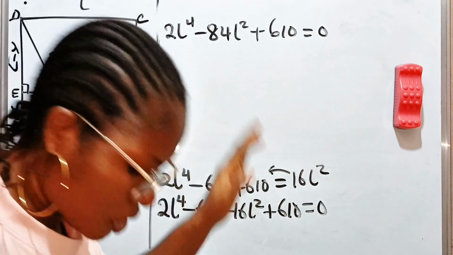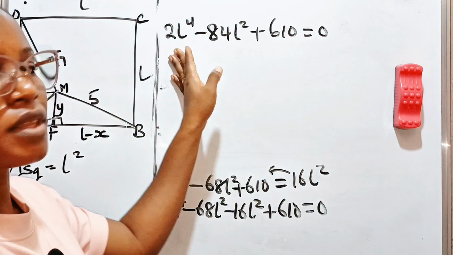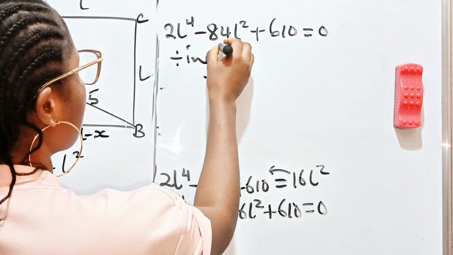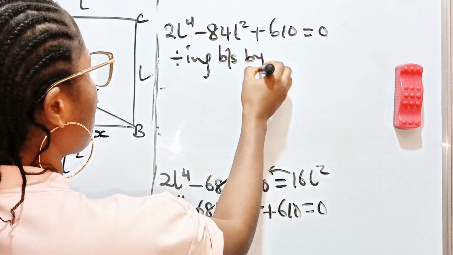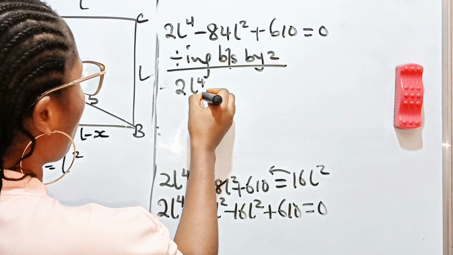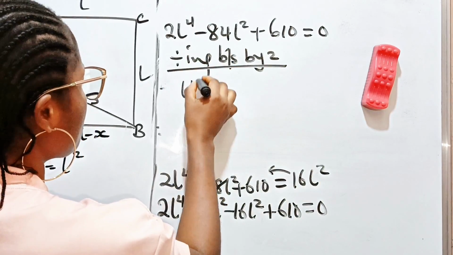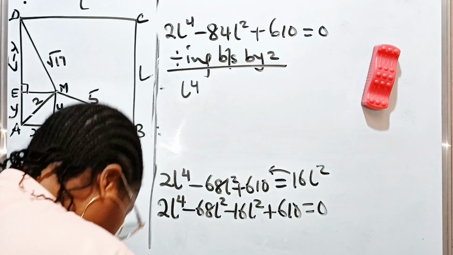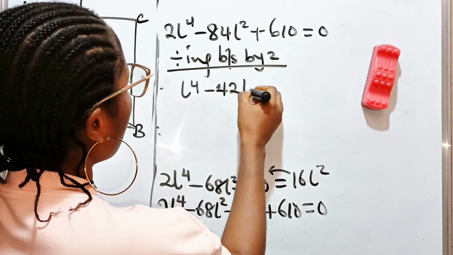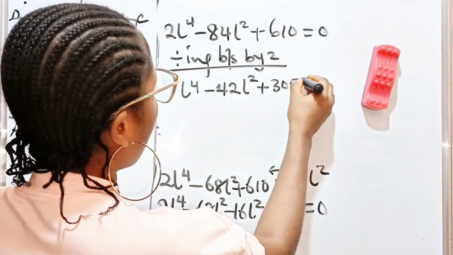Now this is a quadratic equation, but we can actually divide through by 2. Okay, dividing both sides by 2. So we have 2L to the power of 4. If we divide by 2, this will be L to the power of 4 minus 42L squared plus 305, right?